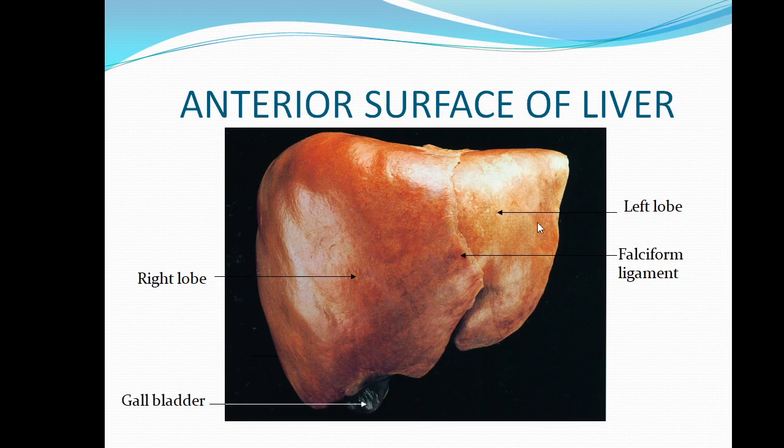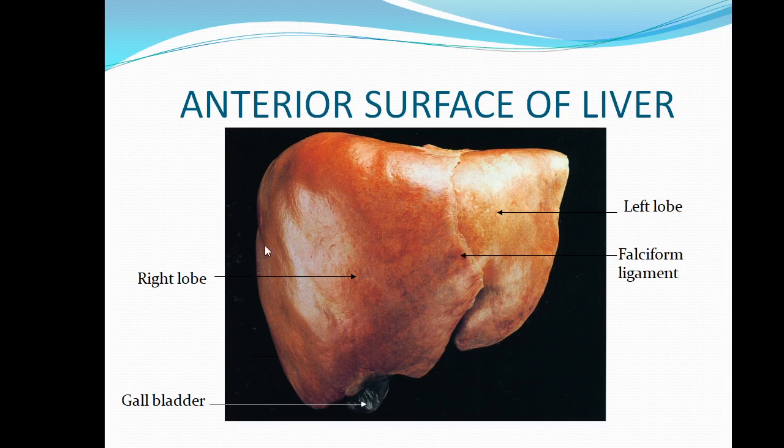Here you can see the anterior surface of the liver and the attachment of the falciform ligament, which has two layers of peritoneum, and these two layers get separated superiorly here.